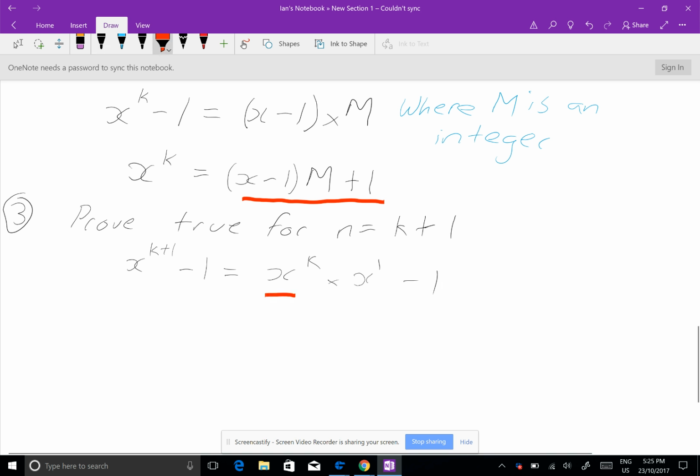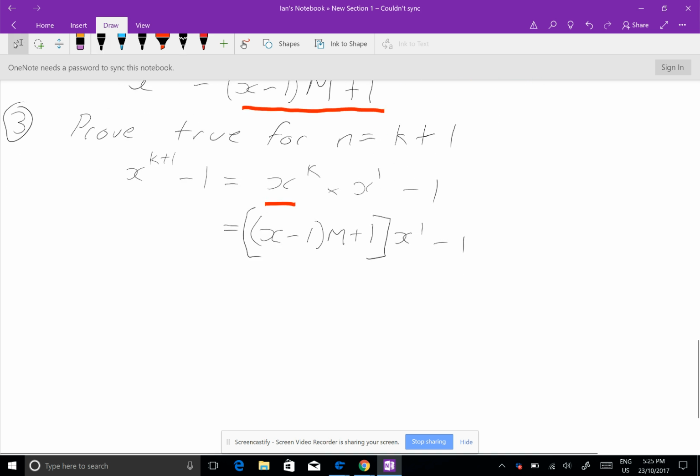Here's where we make our substitution, equals x minus 1 m plus 1, and all of that is times x to the 1 minus 1. So it's going to be some tricky expansion, not really. Inside these square brackets we're going to get mx minus m plus 1 x, we'll get minus 1. So that gives us mx squared minus mx plus x minus 1.